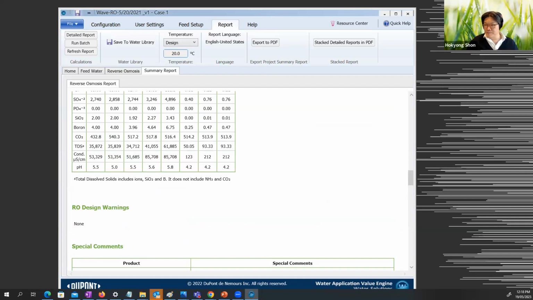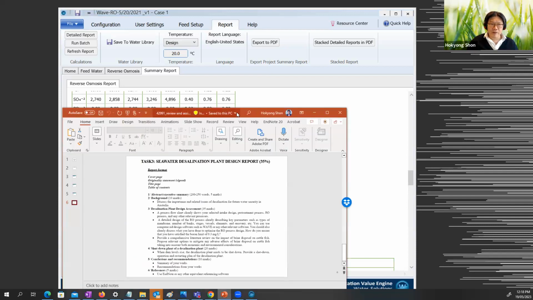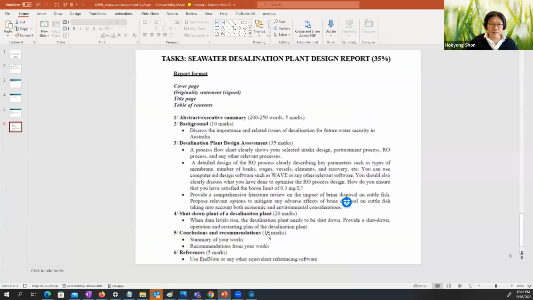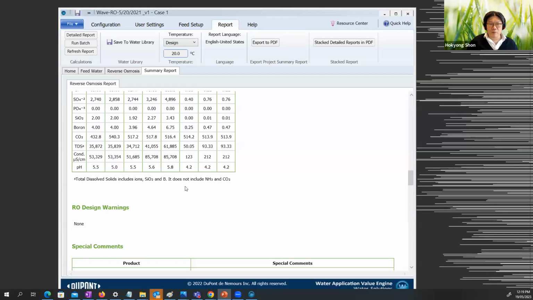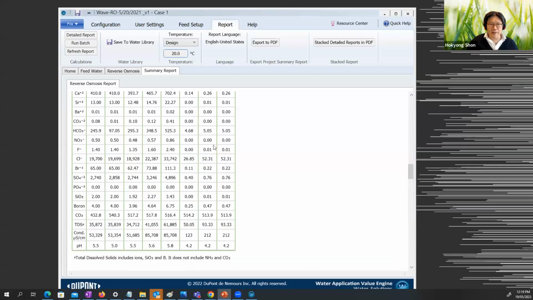So in your assignment, you may remember your assignment clearly mentioned your boron concentration. How do you ensure that you satisfy the boron limit of 0.3 milligram per liter? So you also have to address that we need to show your boron concentration less than 0.3 in this permeate.